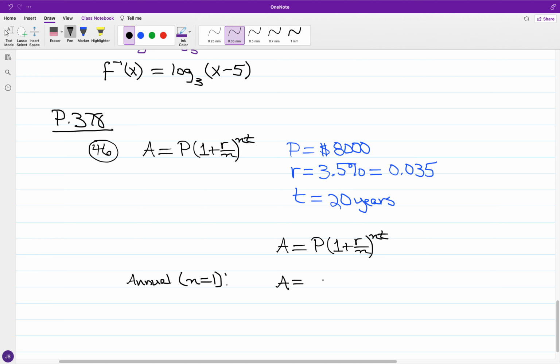And specifying our values, you have P at $8,000 times the quantity 1 plus 0.035 over 1, and we're looking at 1 time a year for 20 years.